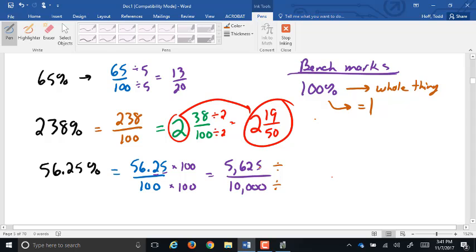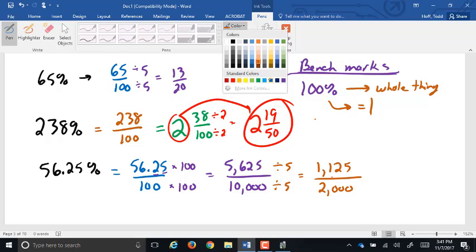Well, they both end in 5 or 0, which means they can be divided by 5. We'll start there. 5,625 divided by 5 is 1,125. 10,000 divided by 5 is 2,000.